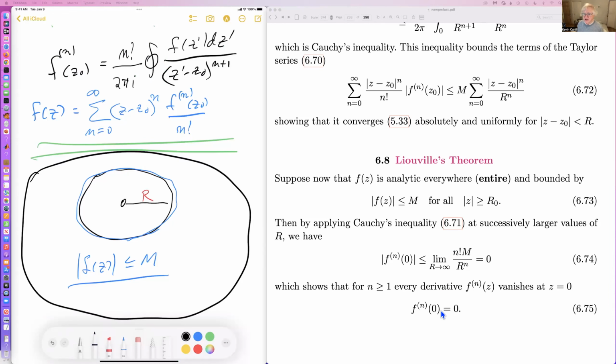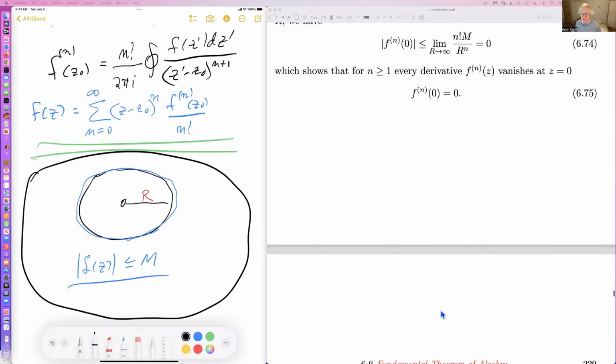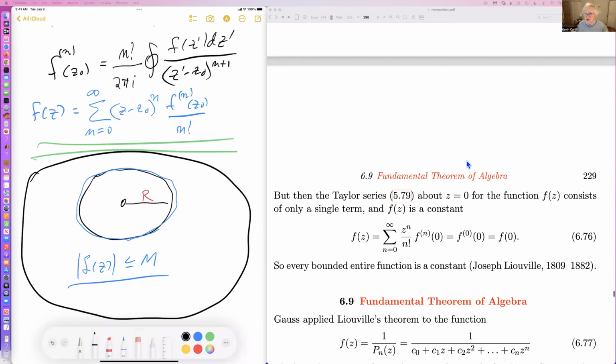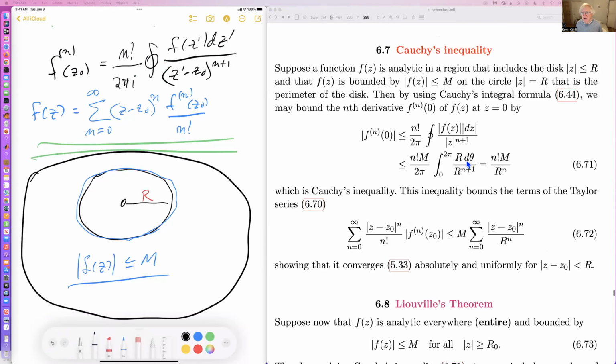So every derivative at 0 is 0, but then that means that the Taylor series is a constant because all these derivatives vanish except the 0th derivative, which is the function at 0. So the result here is that every bounded entire function is a constant, and that's Liouville's theorem. So it's an application of Cauchy's inequality.